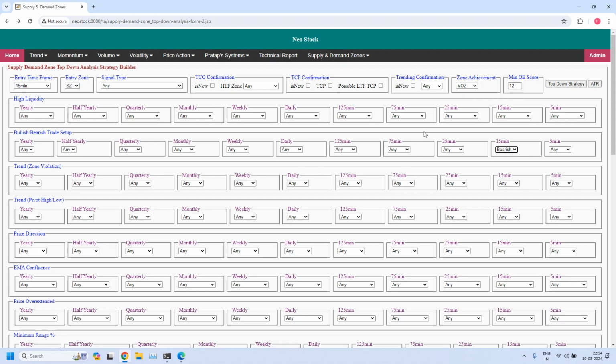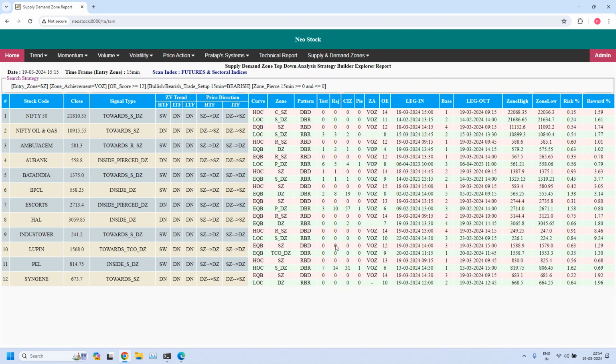For all the conditions, same. Now let me generate the list. So now 12 stocks are filtered, which are supporting the bearish trade setup. Even Nifty 50 is also there.